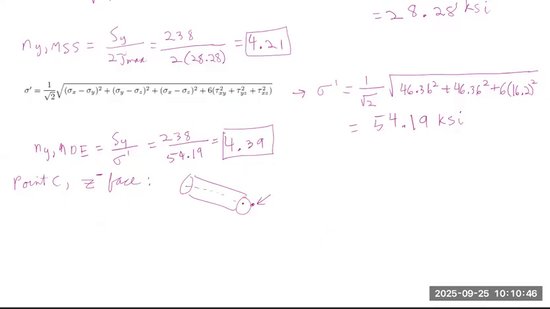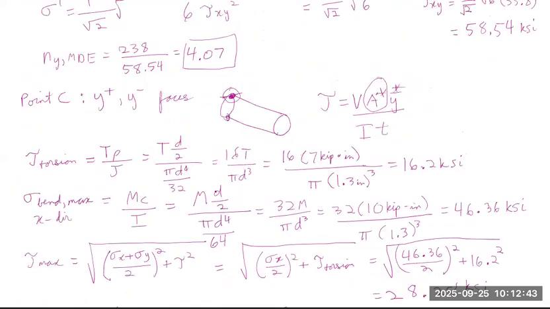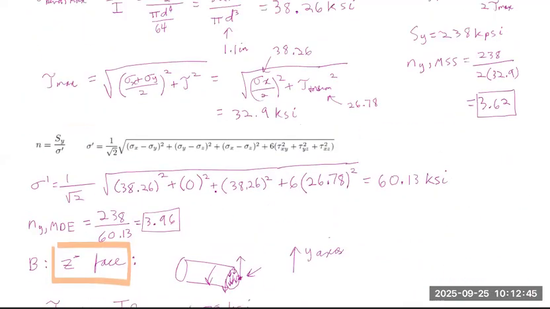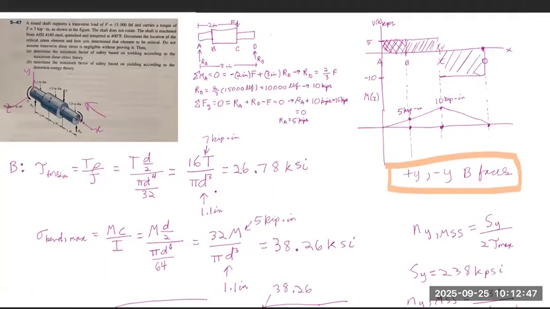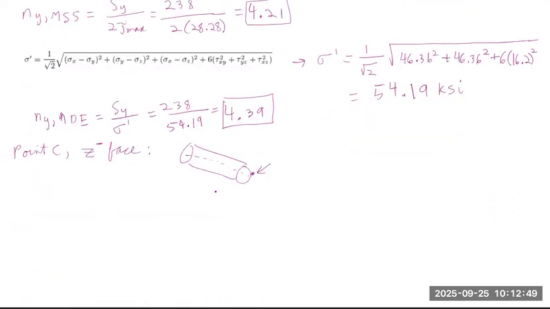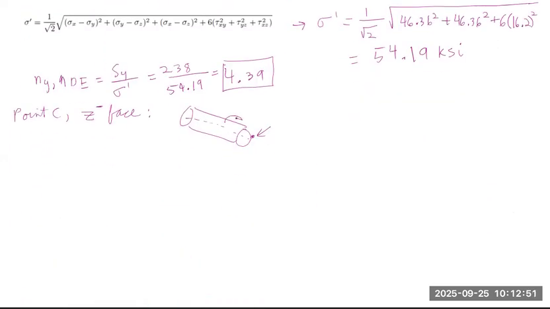So there's no normal stress due to bending. So yes, we will have shear stress due to torsion because we have torsion at this location too. The torsion is going this way. So shear stress at that location will be that due to torsion, and at this location will be this due to torsion.